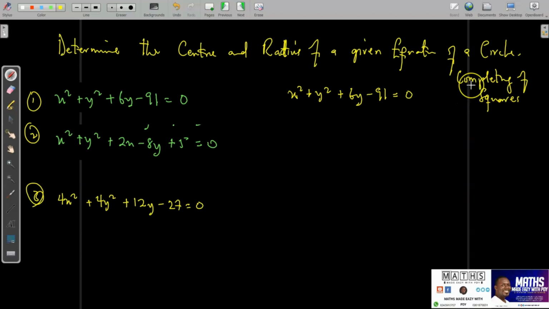Now you must see to it that the coefficients of x squared and y squared are always 1 before you can apply the completing of squares method.